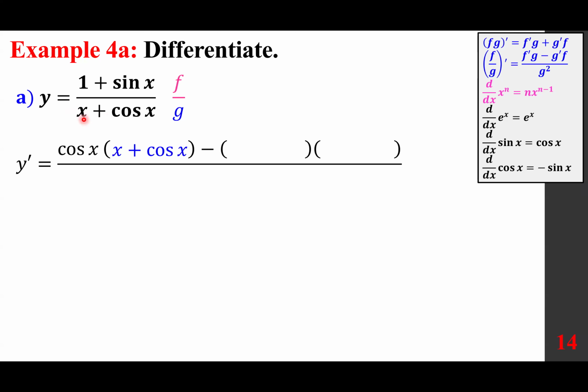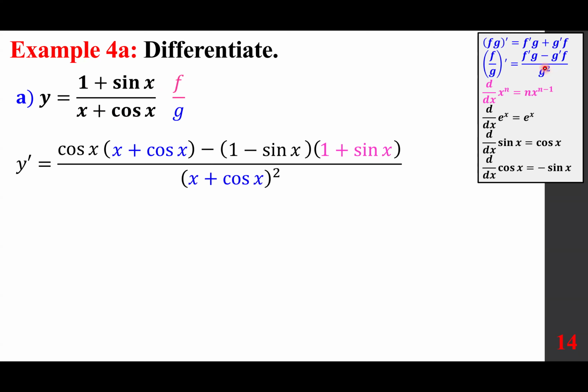This becomes 1, and the derivative of cosine is negative sine. So 1 minus sine x times f, the top function, 1 plus sine x, over g, that means x plus cosine x quantity squared.